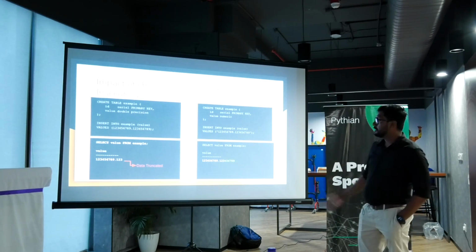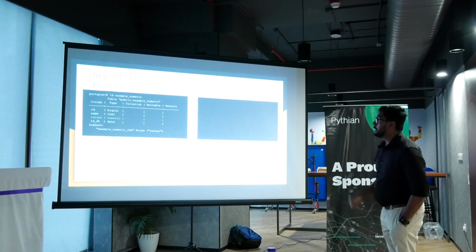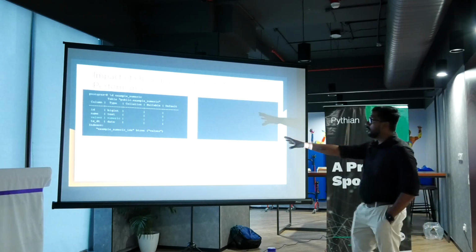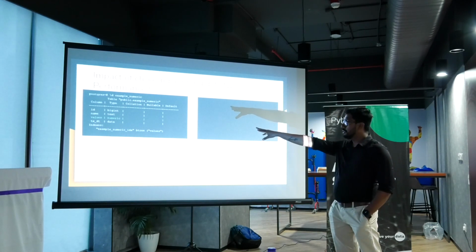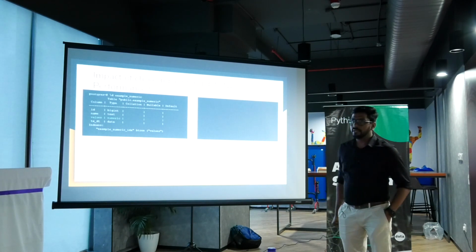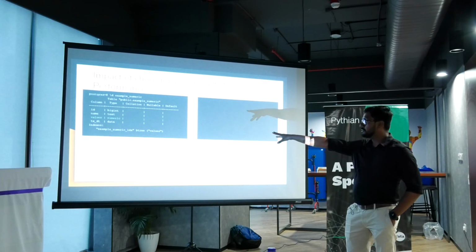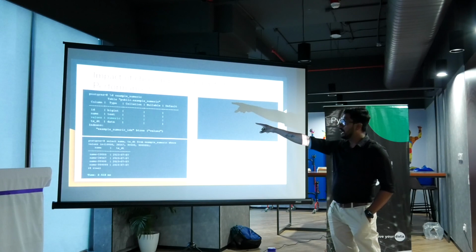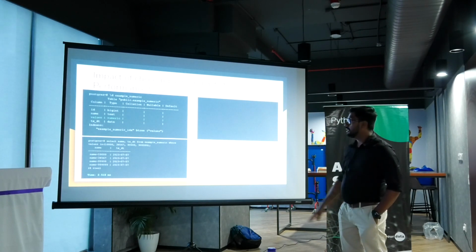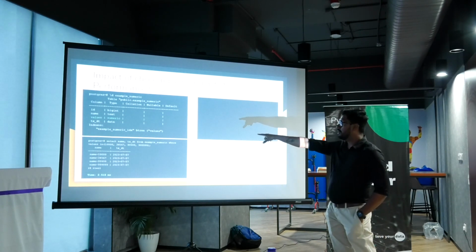Now we'll see the next example, right? I created a small table using numeric as a data type, and I created an index on the table as well. The table has 4 columns: ID, name, values, and txdt. I created an index on the values column.